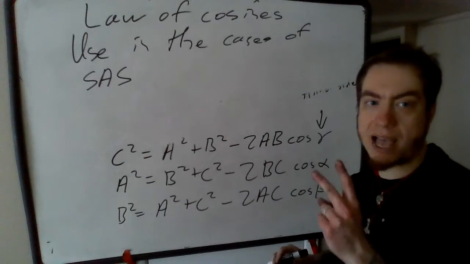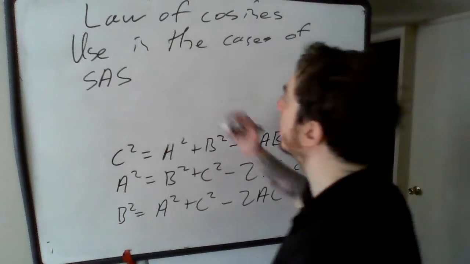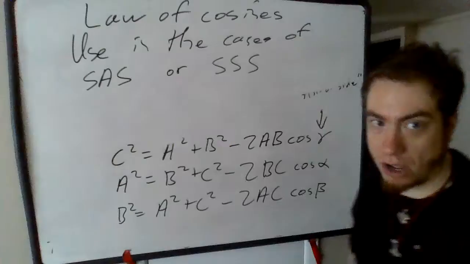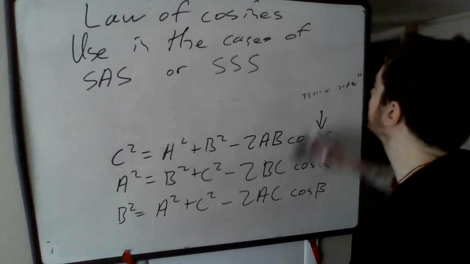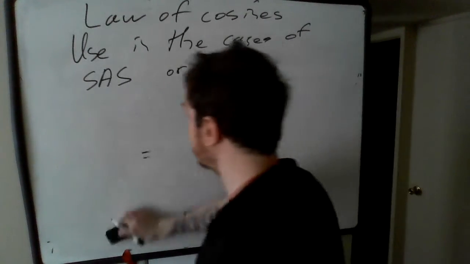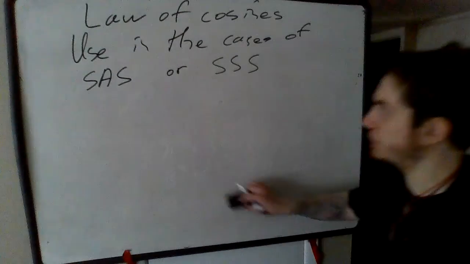So you know two sides and you know the angle between them. Or when you know all three sides of a triangle. So let's just take a look at how you can use the law of cosines in each of these situations.